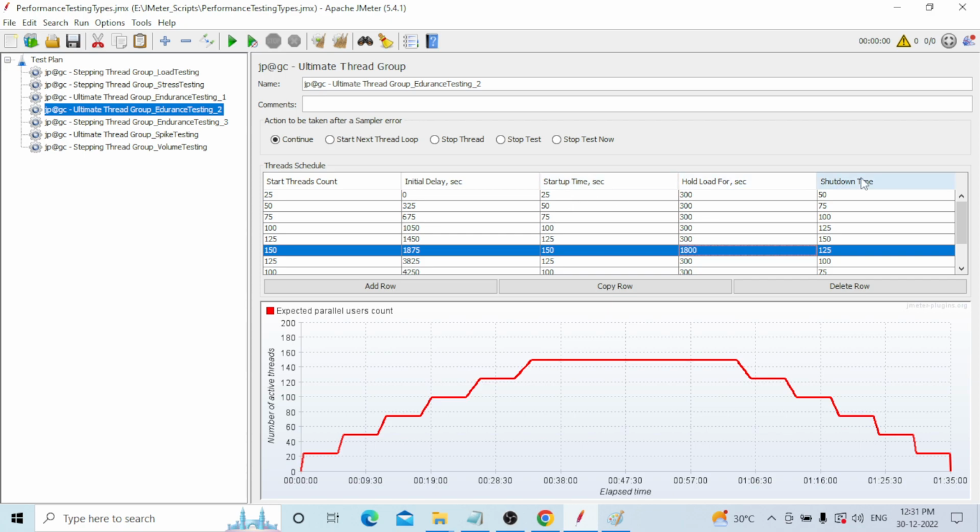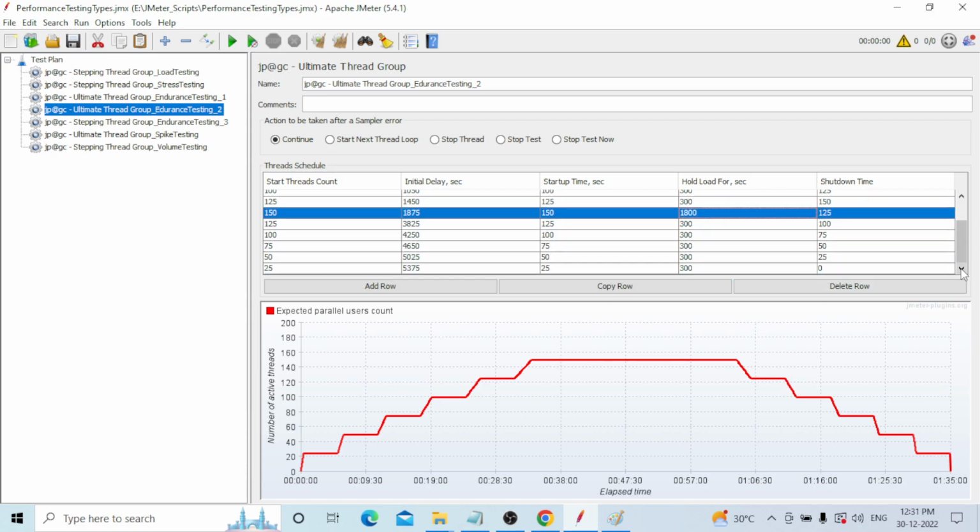But the next time, shutdown time I take directly in the start thread count, initial delay and startup time, also the same value 50 only. From the initial delay point of view, the before initial delay plus startup time plus whole load count only is taken. That is the base you can increment. Whenever the duration is done, you can decrement; you need to use both.